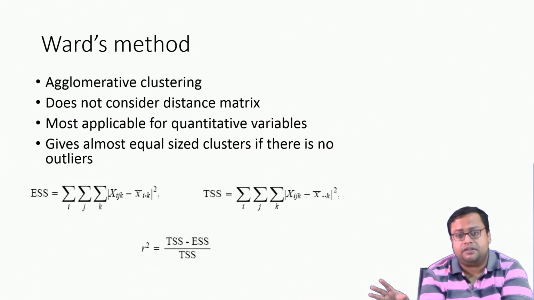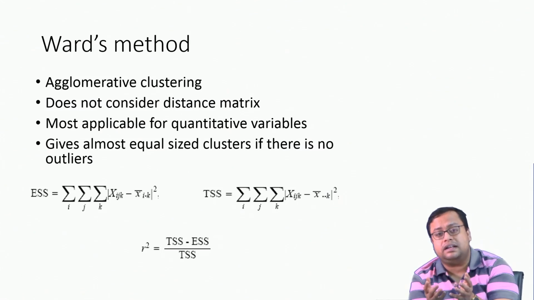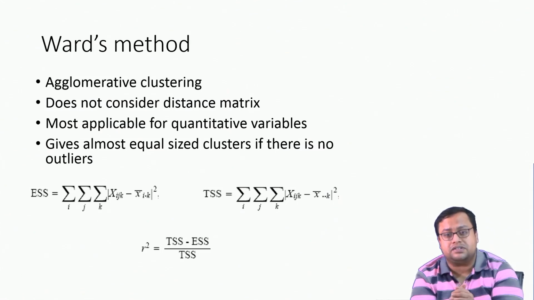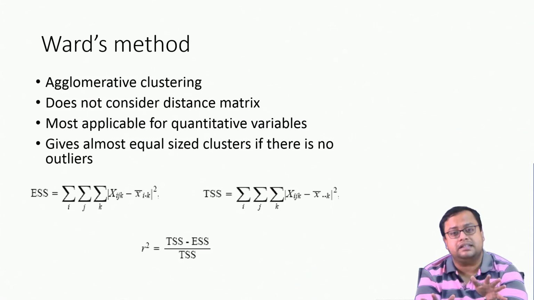ESS is the error left when there is some kind of clustering. So, the numerator of this R square is the amount of variance that has been explained by these clusters.